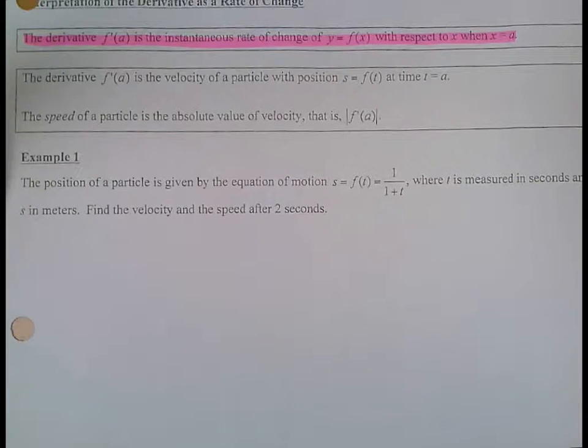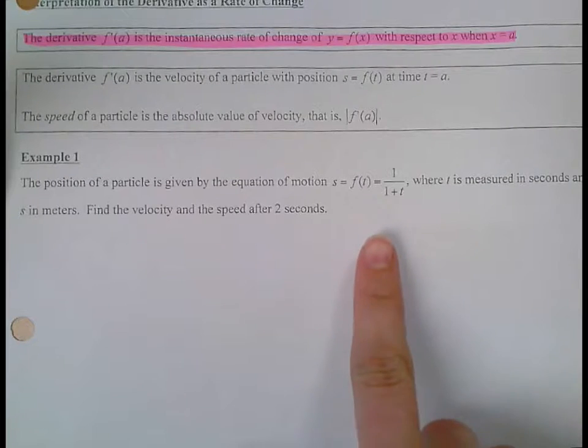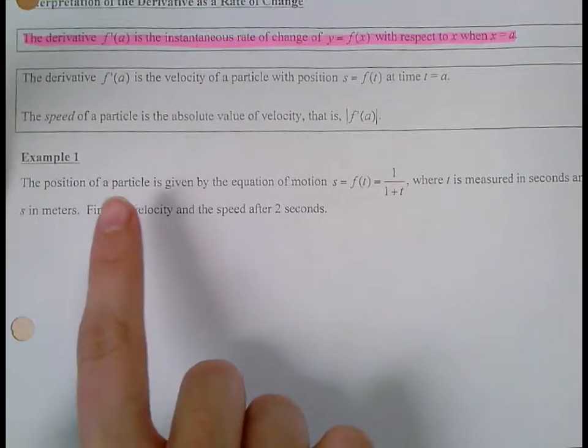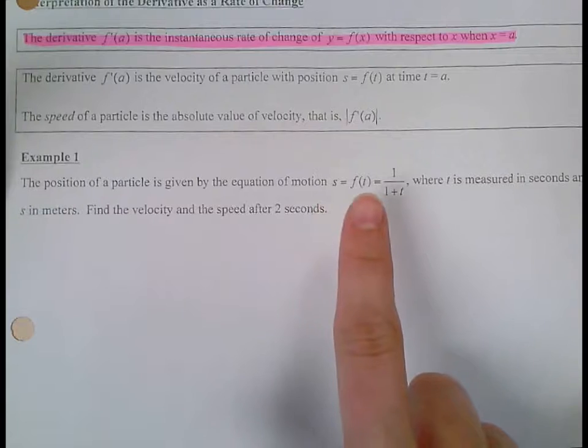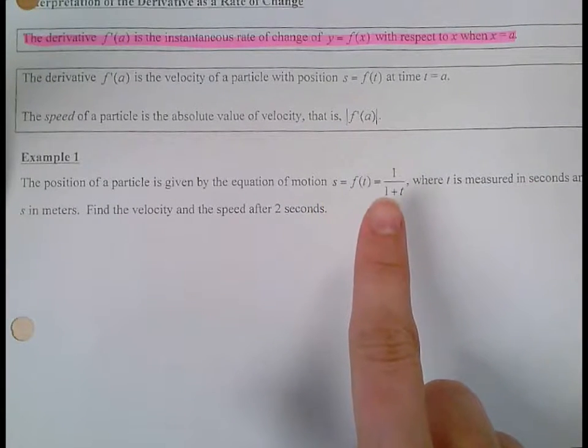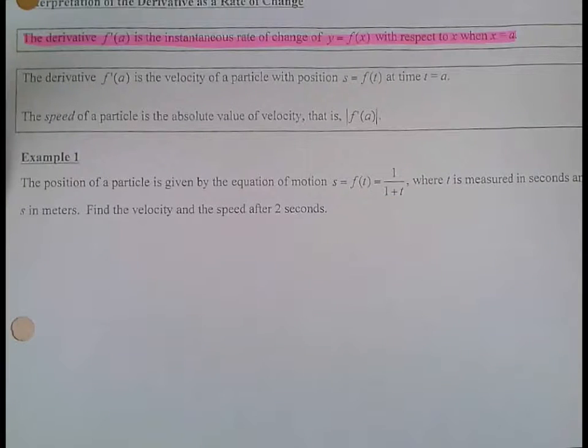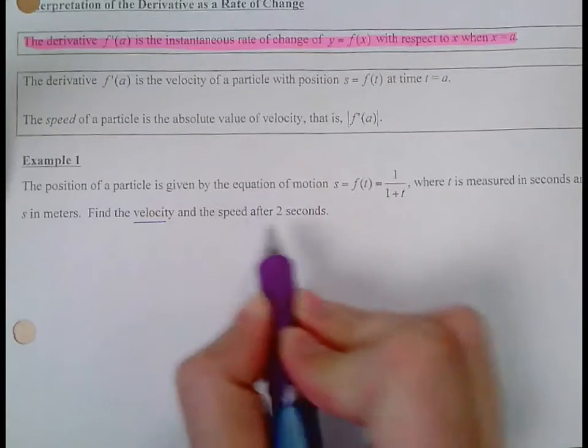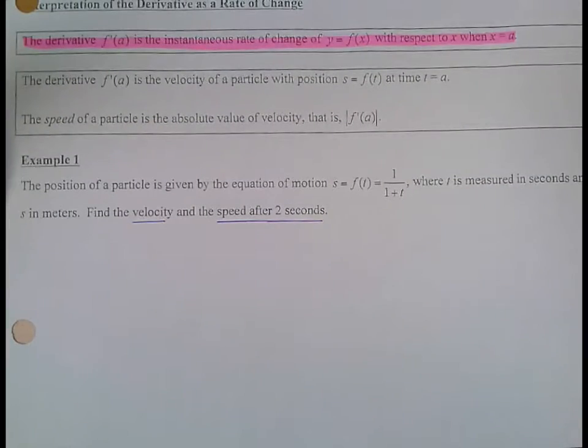Yes, it is physics. So in example 1, and I'm actually going to have you, now that we went through problem 10 from the assignment, we have position. The position of a particle is given by this equation of motion. So s, or f of t, is the function 1 over 1 plus t. t is measured in seconds, and s is measured in meters. It says find the velocity, and then find the speed after 2 seconds. So I would like you, individually or in your groups, to find the velocity after 2 seconds and find the speed after 2 seconds.